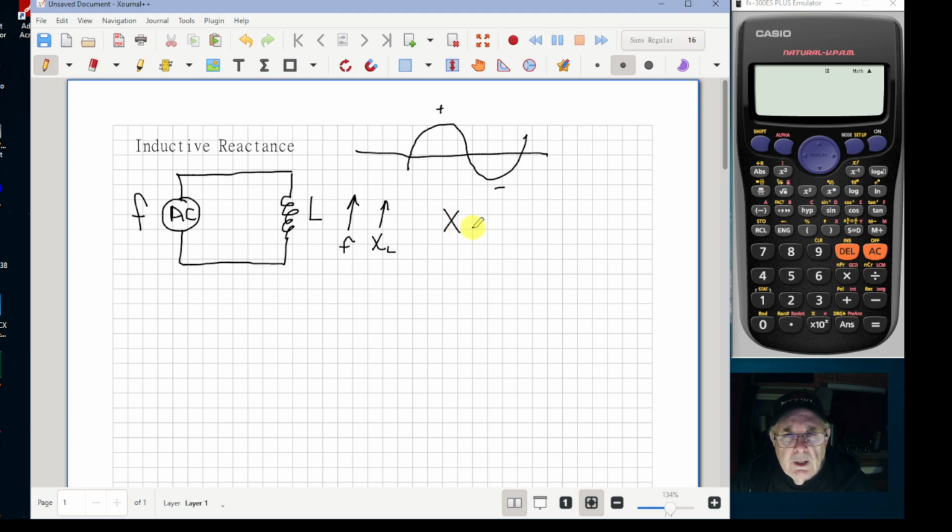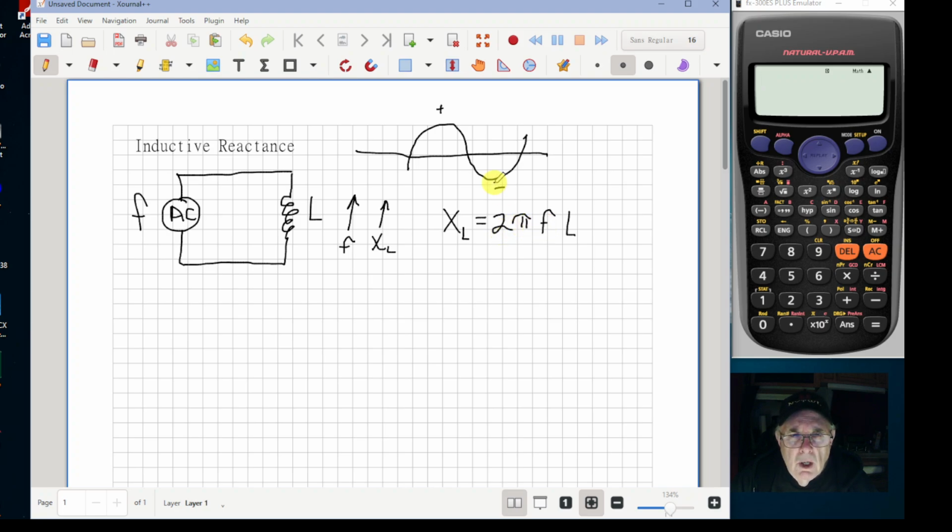X is the letter used for reactance, and we'll put a subscript of L, because we use the same letter X for reactance for a capacitor, but we have C. Okay. The first thing we encounter in the formula is 2 pi times the frequency times the value of inductance. Well, where does this 2 pi f come from?